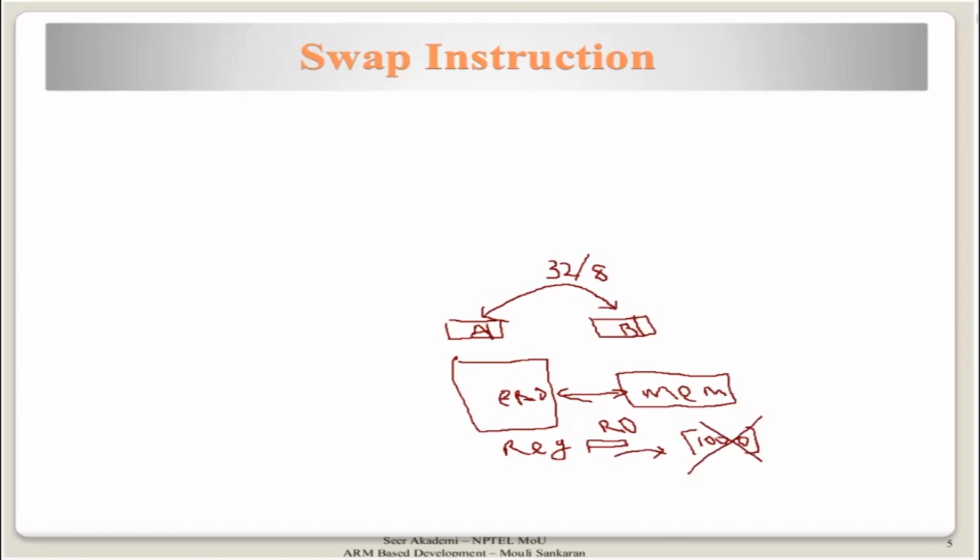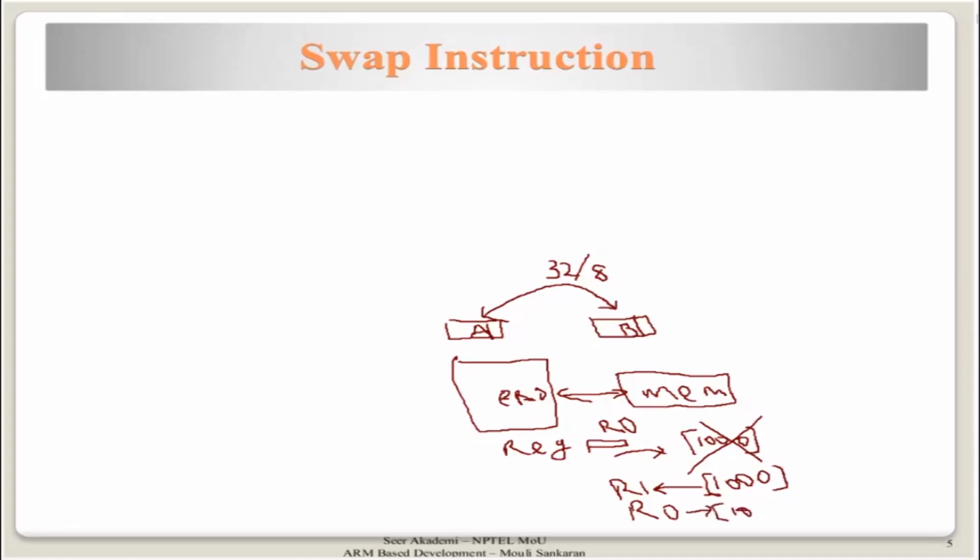We should read this content. Suppose you are interested in swapping the content at 1000. You should read whatever is stored there into a temporary register. Let us call it R1, another register I am using. Then I write R0 into that location.